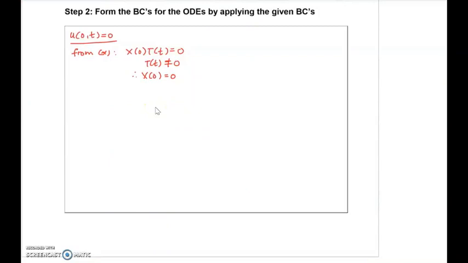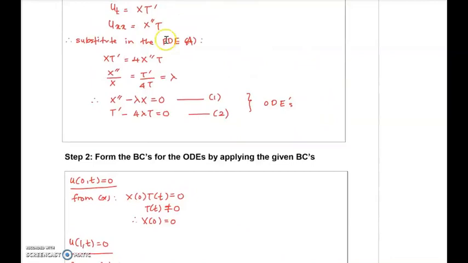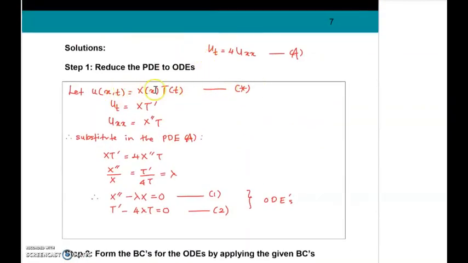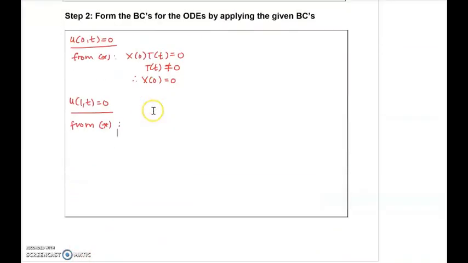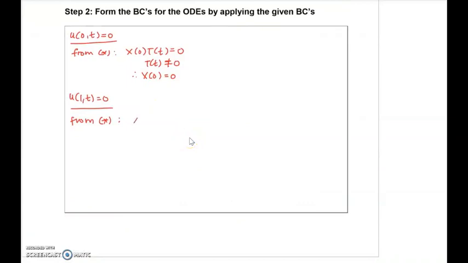The second condition that is given to us is u1t equal to 0, basically at the right point. Again from the same equation, when x is 1, we have X1 T of t equal to 0.